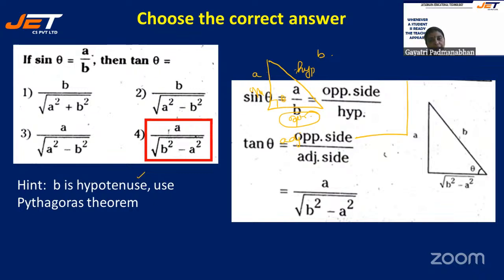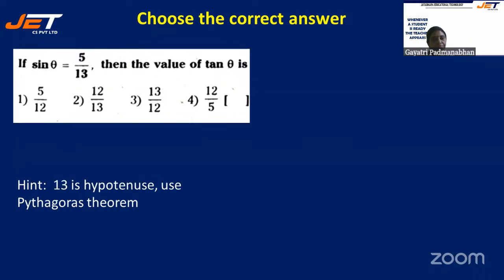It is a. Anything which is opposite to the theta is the opposite side, isn't it? What is adjacent side? The hypotenuse is b, so the adjacent side is root of b square minus a square. All right, so that is why your answer, option 4, a by root of b square minus a square, is the correct answer.